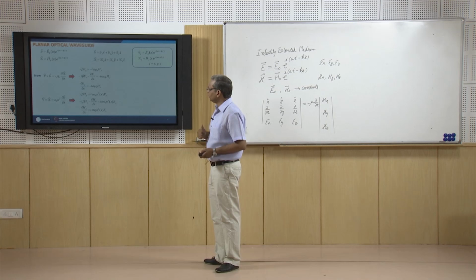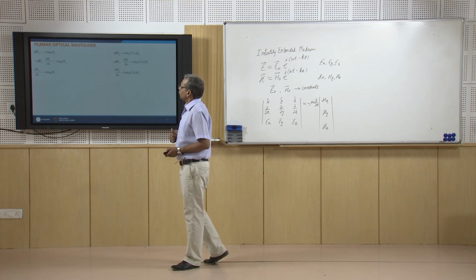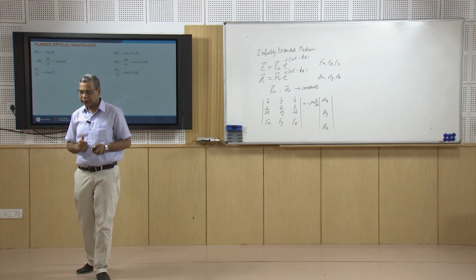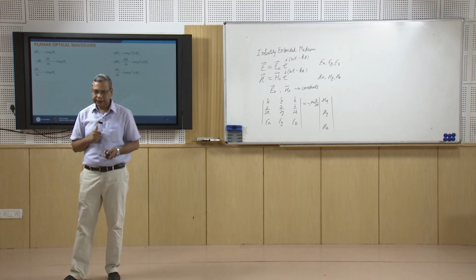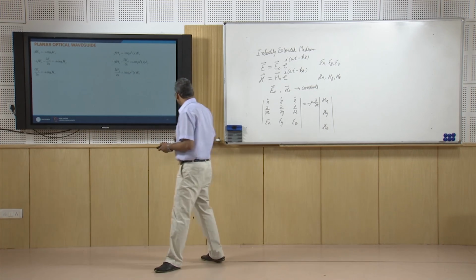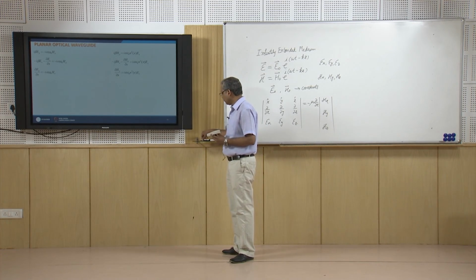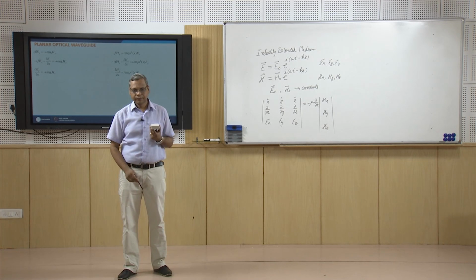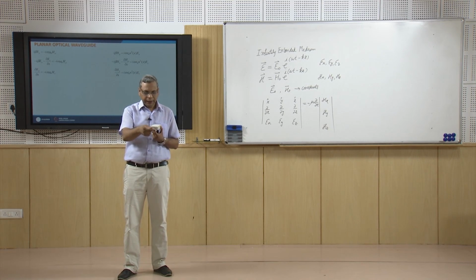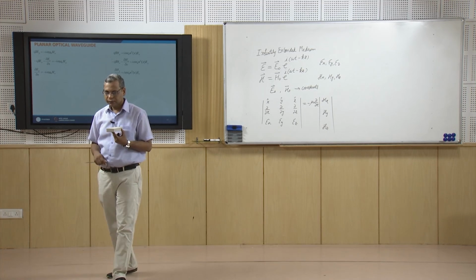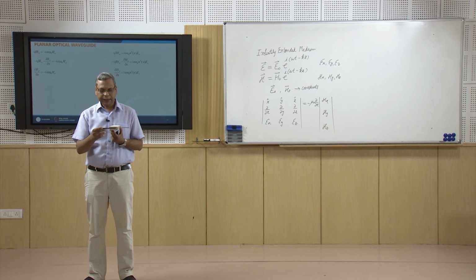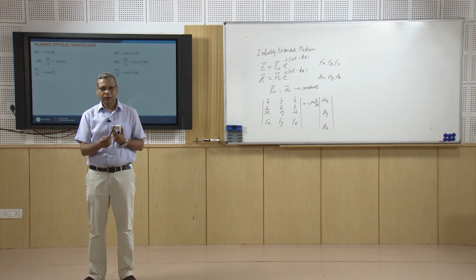What do I do with these equations? Well, I notice one thing, that I can simplify the situation to a certain extent. And how can I simplify the situation? If I have a waveguide and I launch light into this, I have some control on light, and that is I can launch this polarization or this polarization.